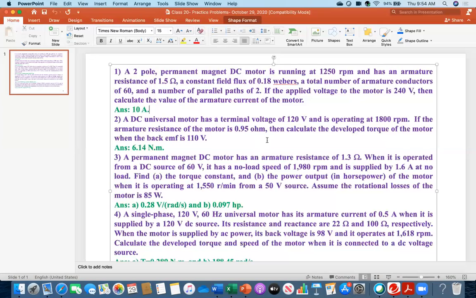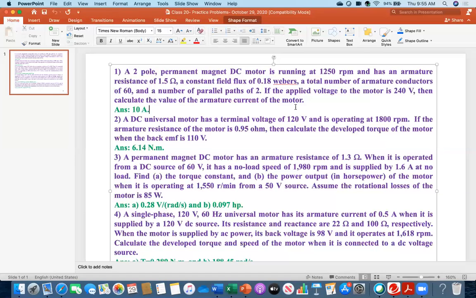We had E equals the flux times the number of conductors times the speed over 60, and then we multiplied that times lowercase p for the pole number over a. Could you remind me what a was for in that equation? A was for parallel paths.